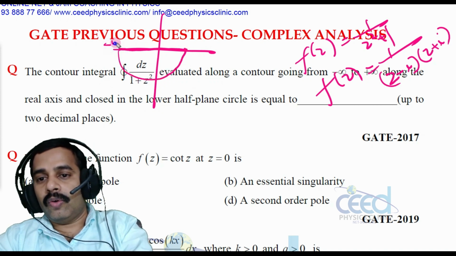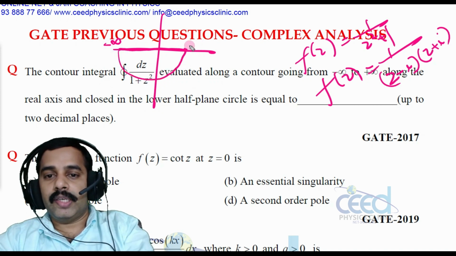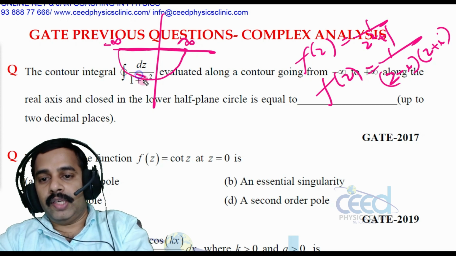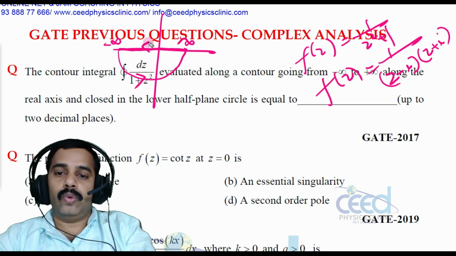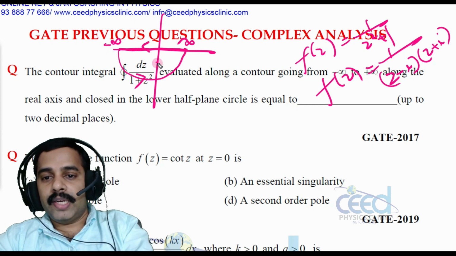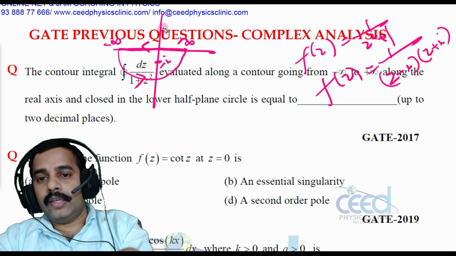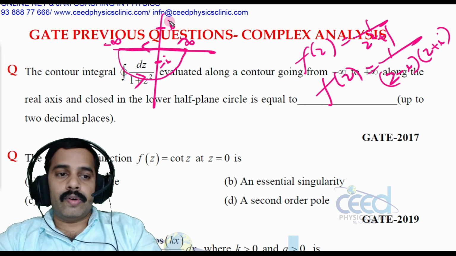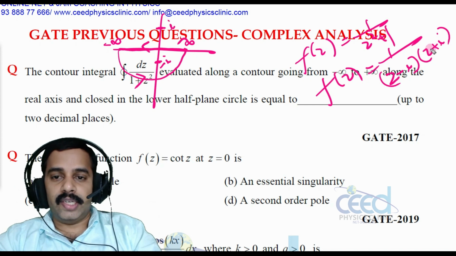So this is the contour. Now if I consider this contour, minus i is inside this contour and plus i is outside this contour. So our pole is minus i.